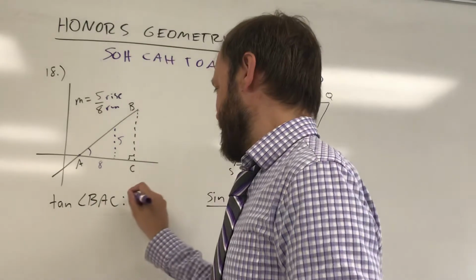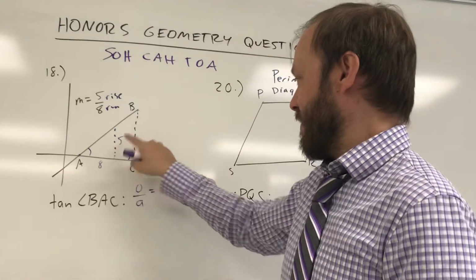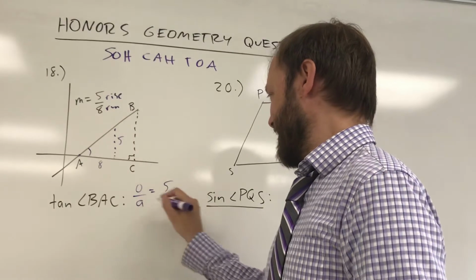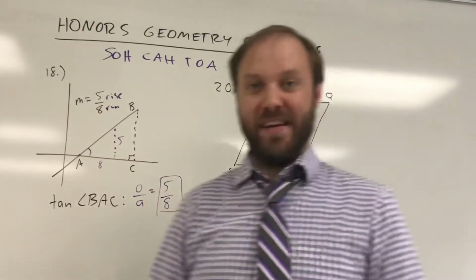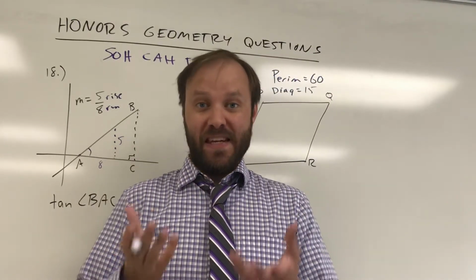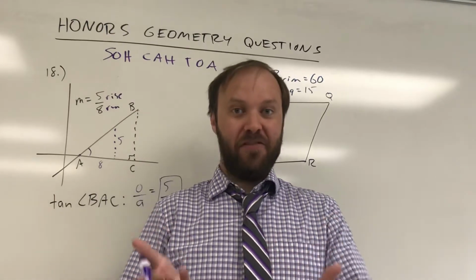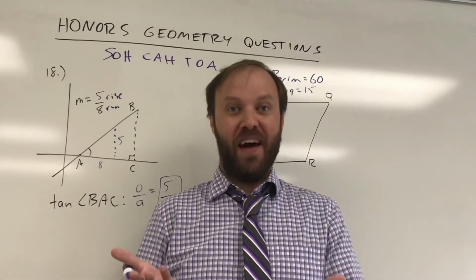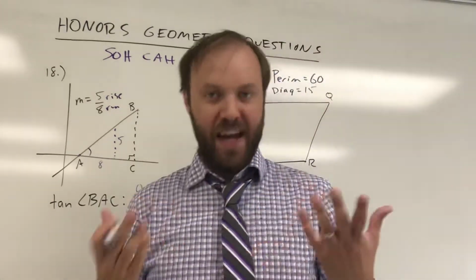So we've got an opposite side over an adjacent side. The opposite side here would be 5, and the adjacent side is going to be 8, and that's the tangent of angle BAC. And one of the interesting things that you can take away from this, the tangent is actually the slope of the angle being created between the line and the x-axis, which is kind of an interesting idea.